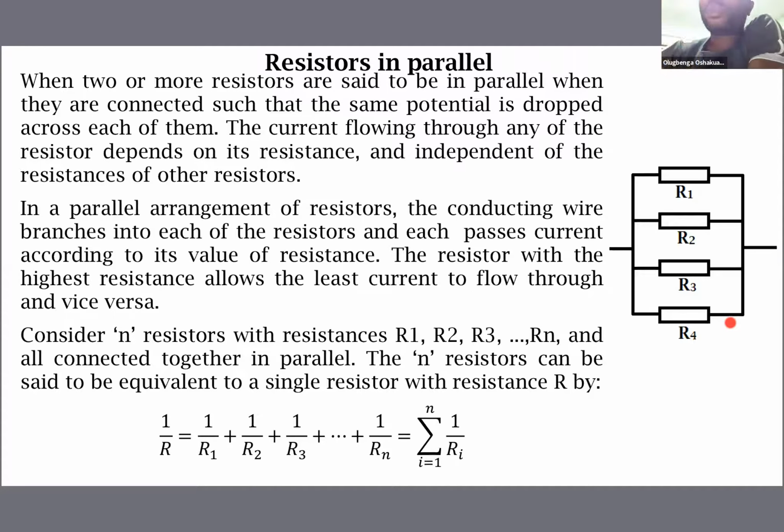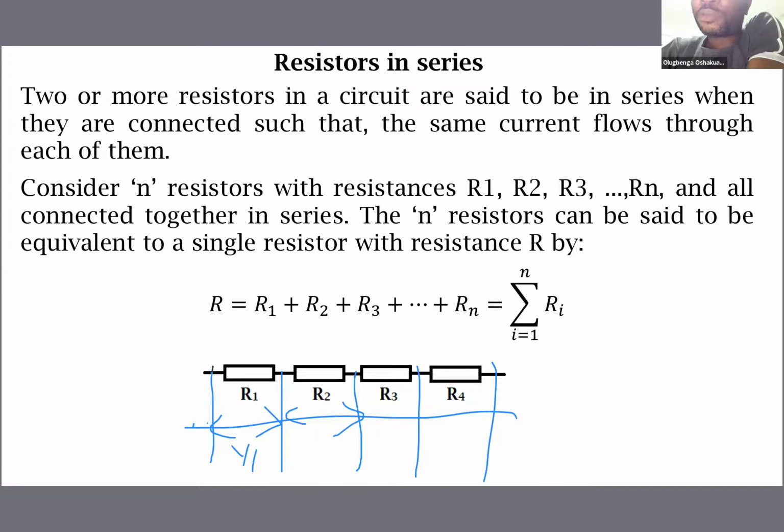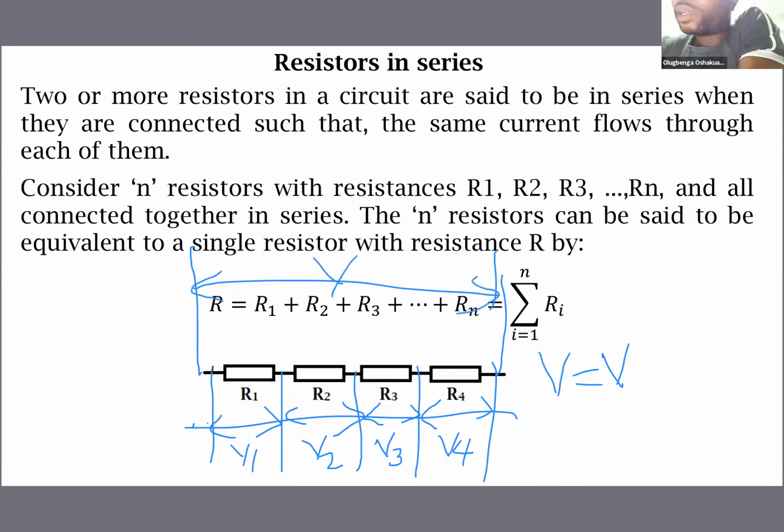Unlike what we have in series, where the voltage drop across R1 we call V1, across R2 we call V2, across R3 we call V3, and across R4 we call V4, the total voltage will be V1 plus V2 plus V3 plus V4.